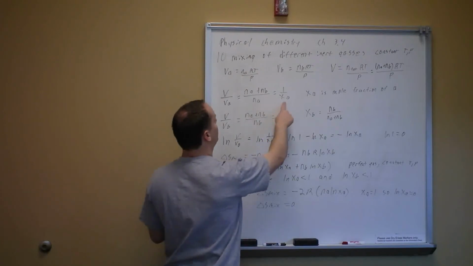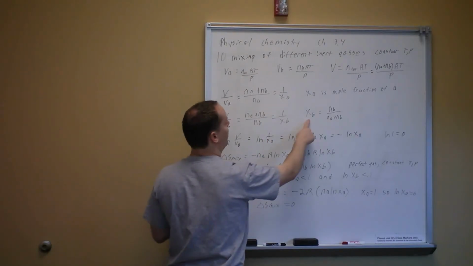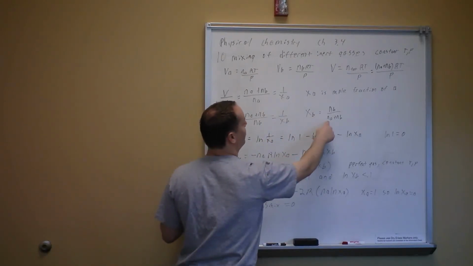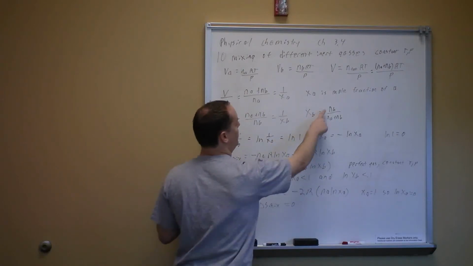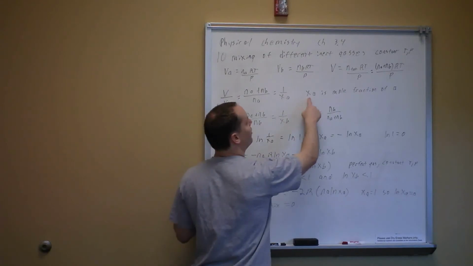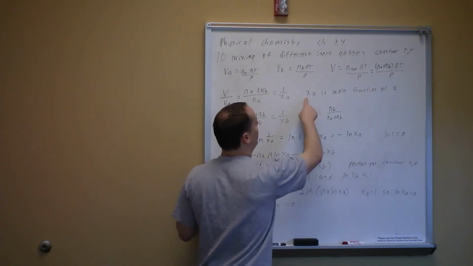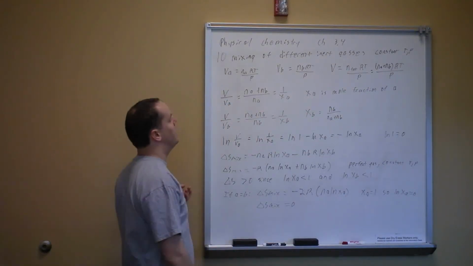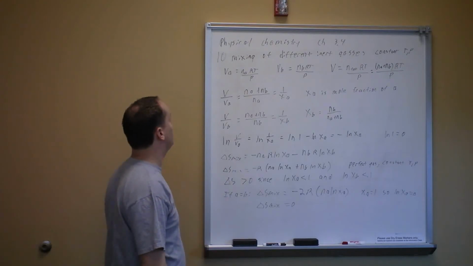And this is going to be equal to 1 over XA, because remember, XB is going to be Nb over Na plus Nb, and XA is going to be Na over Na plus Nb. Remember, X is our mole fraction. So XA is the mole fraction of A, and XB is the mole fraction of B.